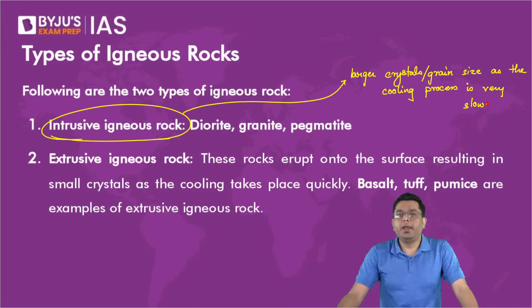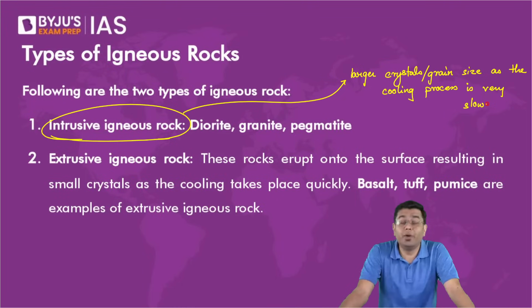Examples: diorite, pegmatite, etc. Pegmatite is the ore from which you extract an important mineral, that is mica. Mica is extracted from pegmatite.